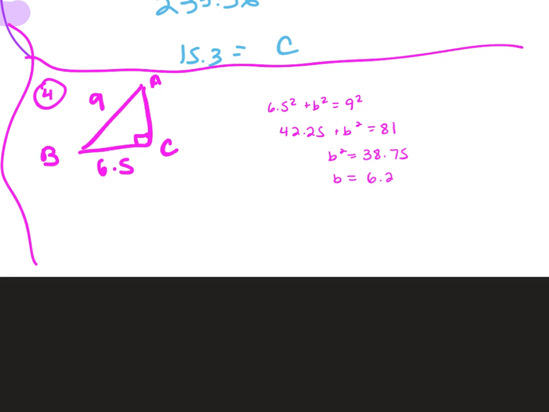It would be 6.22, so we're going to keep it as 6.2. So that's side B. I need angle A and I need angle B.